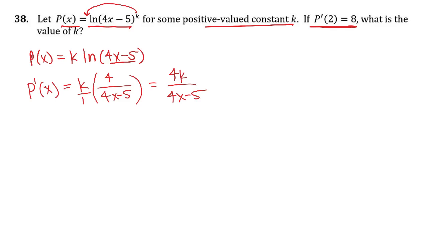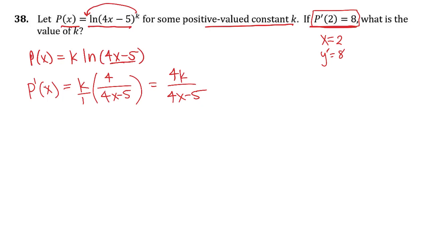Now, this is where the other piece that we're given we need to use. We are told that p prime at 2 is 8. So that means when x is 2, then our derivative value is 8, or my y prime value, sorry.